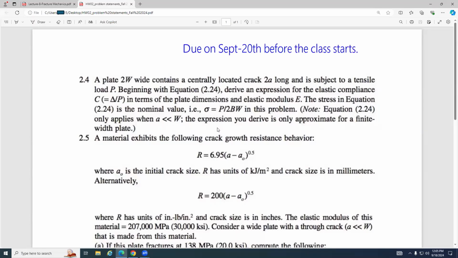So this is the G. You can see this one can be arranged this way: P squared over 4B, dC over dA.